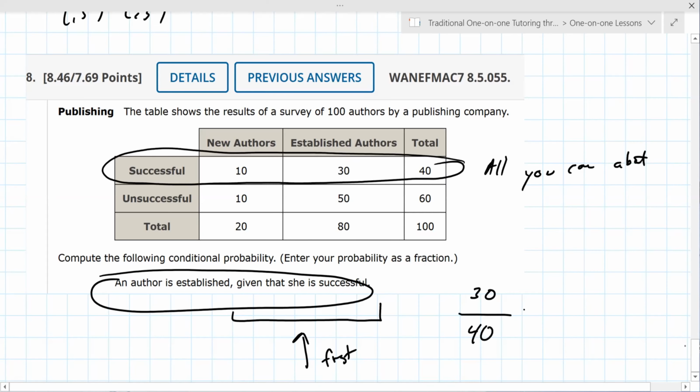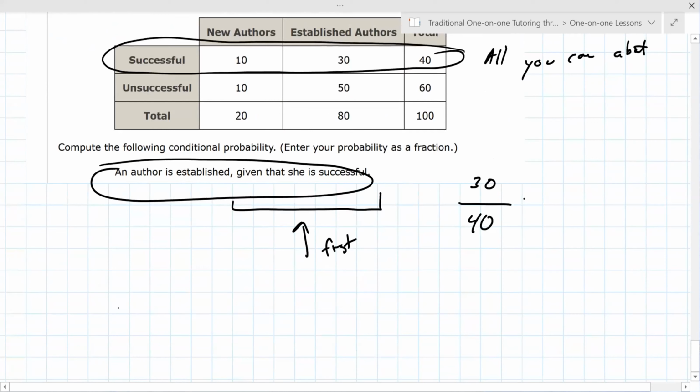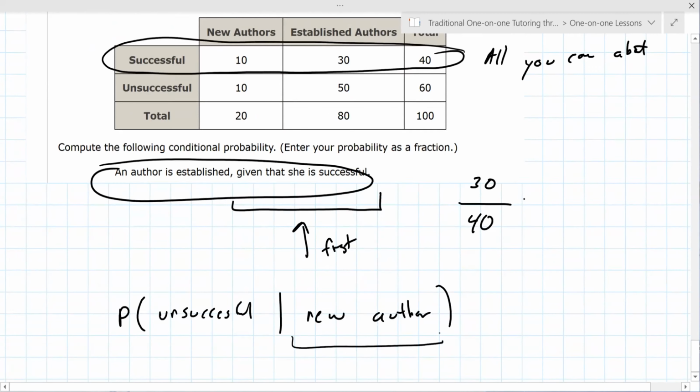Now let me give you one here. What's the probability that you are unsuccessful given that you're a new author? This given is where you start first. So it's just 10 out of 20.